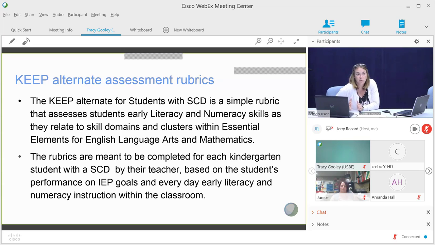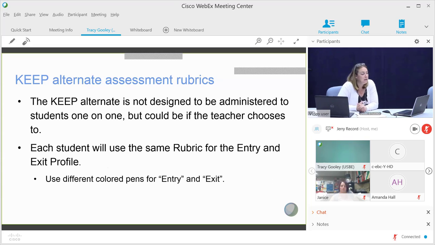And really it's supposed to be geared around what the everyday instruction in the classroom looks like with early literacy and numeracy. So this really wasn't designed to be a sit down and administer one-on-one type assessment, but it could be if a teacher chooses so, or you may find that you'll have some skill sets in here that you may have to administer one-on-one.